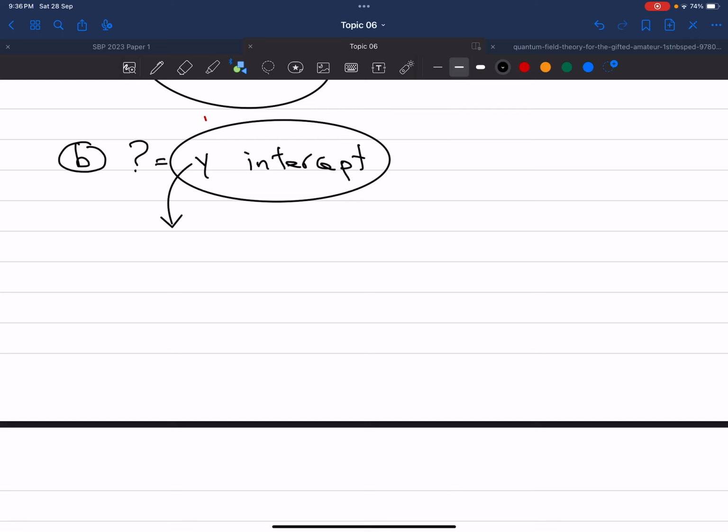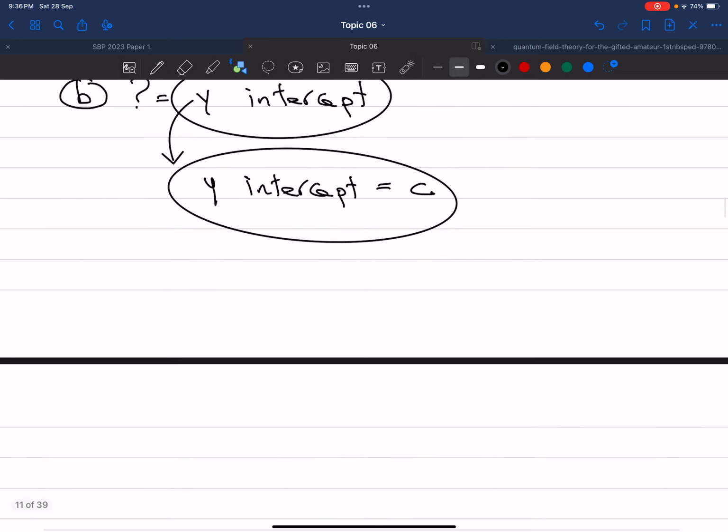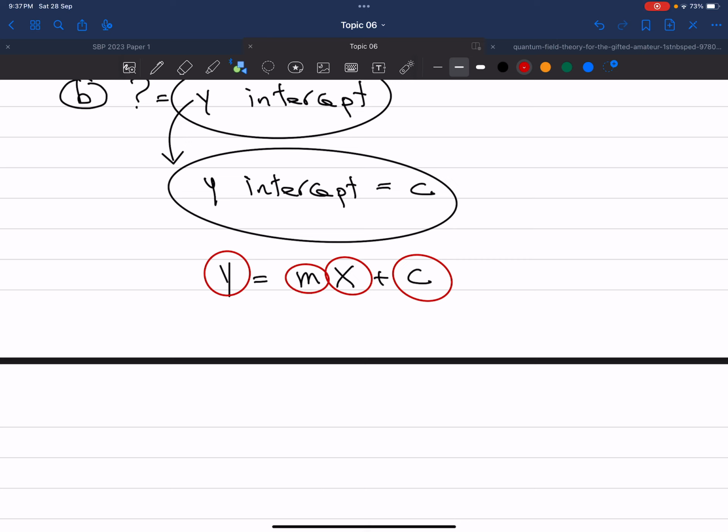The y-intercept is of course the C in the equation capital Y equals M capital X plus C. To find the value of C, I must substitute the values of capital Y, capital X, and M. I'm choosing Y1, X1. You can choose Y2, X2.